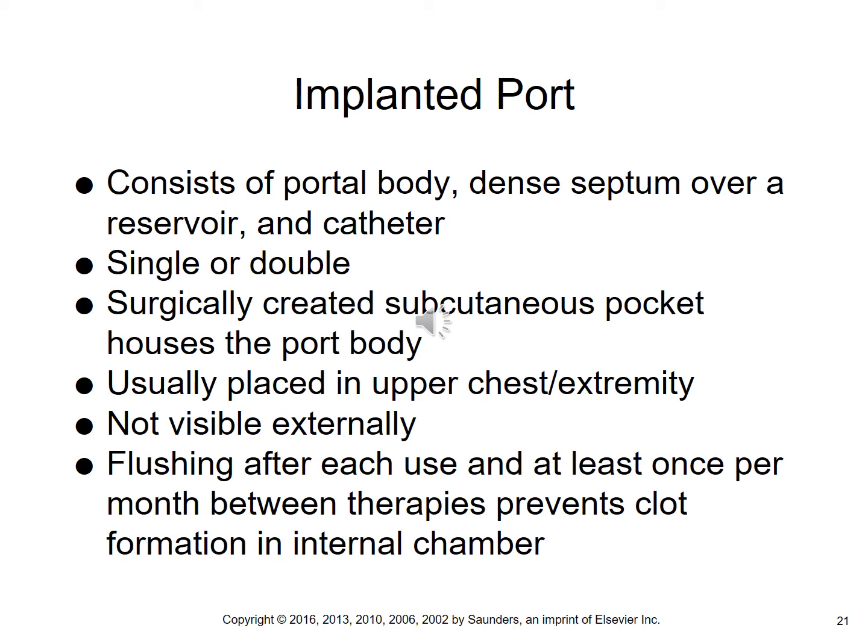When it comes down to flushing the chamber, utilize heparin. It says 5 milliliters of 100 units of heparin per milliliter. Sometimes you have to utilize some type of topical ointment to decrease the pain if that area is very, very sensitive to a patient prior to accessing the port.